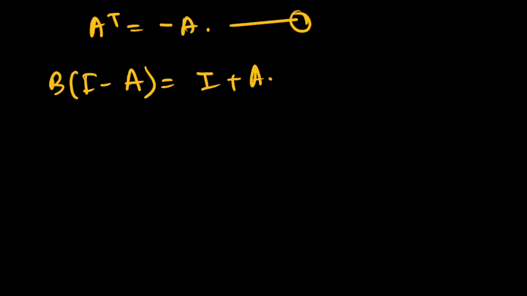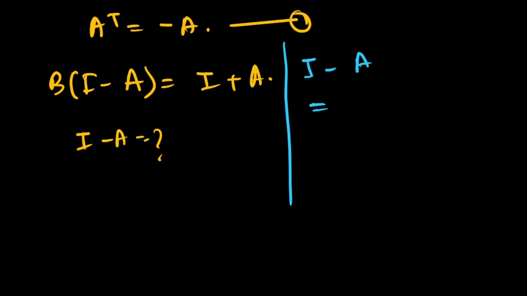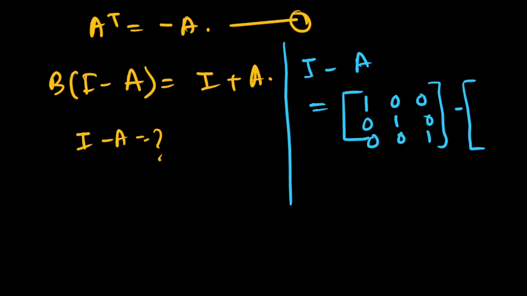Now we check whether the matrix I minus A is invertible or not. We know matrix A, so we calculate I minus A. I is the 3 cross 3 identity matrix 1, 0, 0, 0, 1, 0, 0, 0, 1, and minus A is 0, 2, minus 3, minus 2, 0, 1, 3, minus 1, 0.